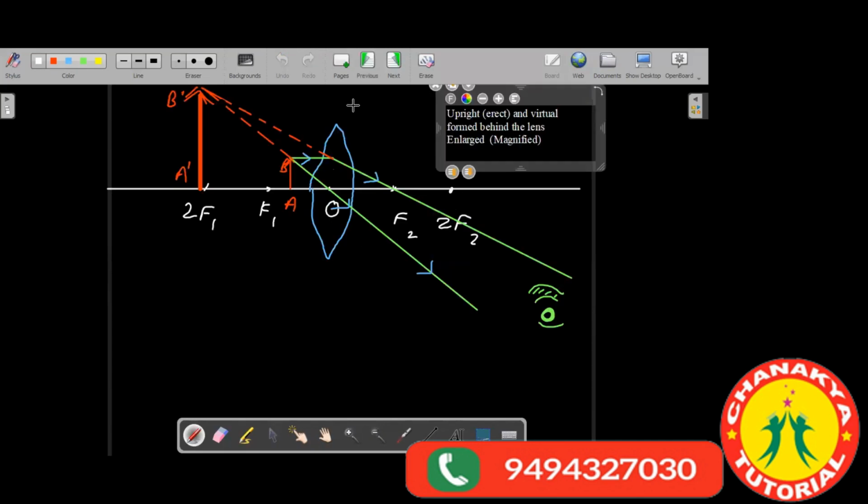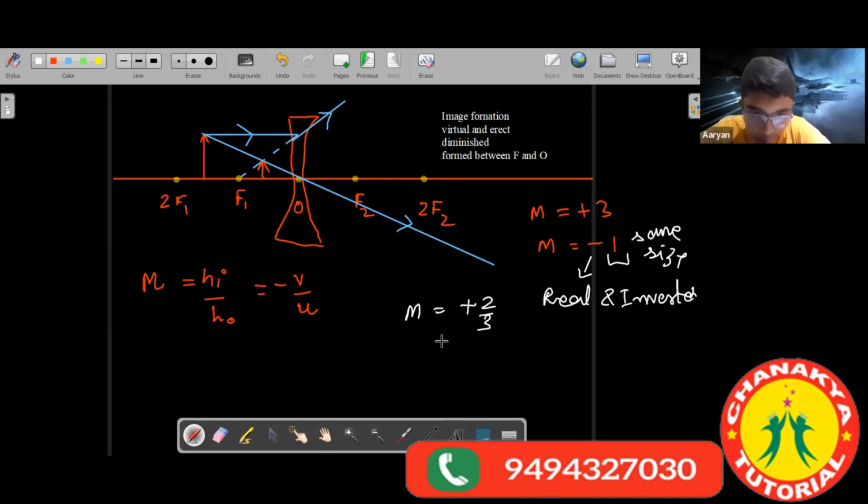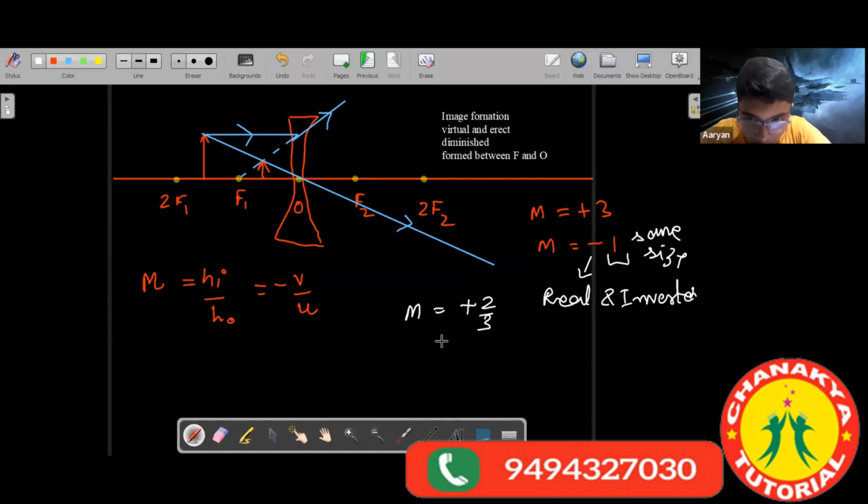Suppose I get a magnification of +2/3. What can you say about the nature of the image? Is it real or virtual? Virtual. The image is virtual, and its value is 2/3, so is it enlarged or diminished? Diminished.